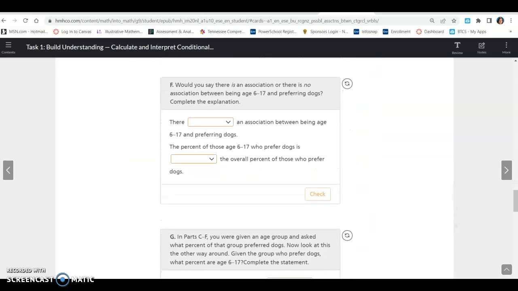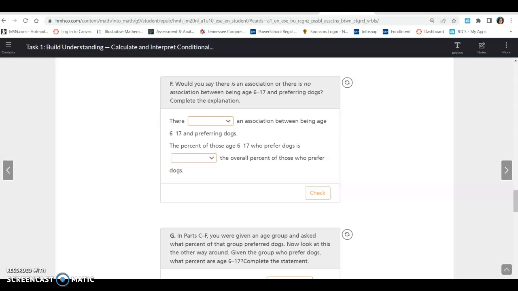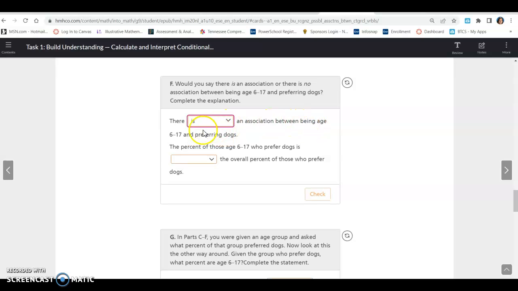All right, would you say there is an association or there is no association between being 6 to 17 and preferring dogs? I would say there is an association between being age 6 to 17 and preferring dogs.